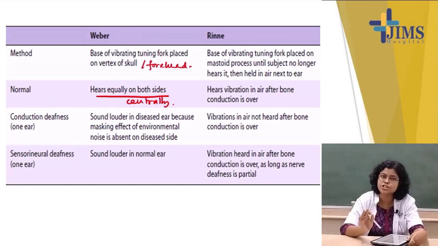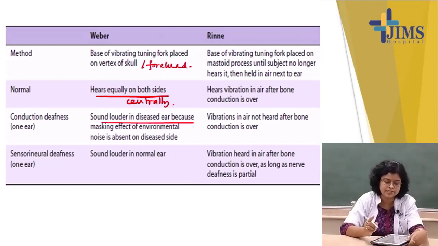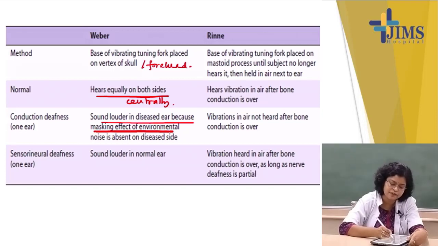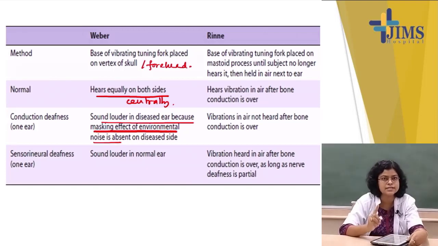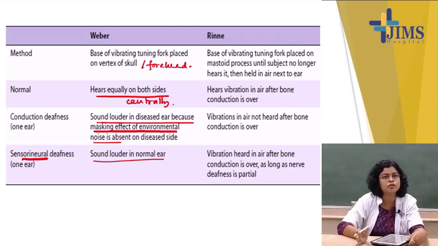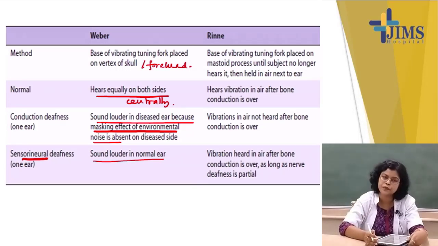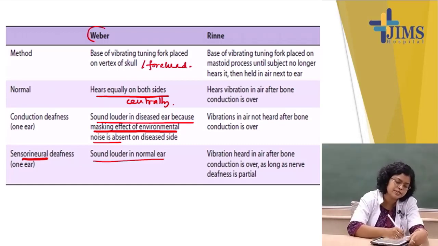Now in conductive deafness, sound will be louder in the diseased ear because the masking effect of environmental noise is absent in the diseased ear. That is why sound will be louder in the diseased ear. But what will happen in sensory neural deafness? In sensory neural deafness, sound is louder in the normal ear. So now it will be localized towards the normal ear. Okay, this is about the Weber's test.